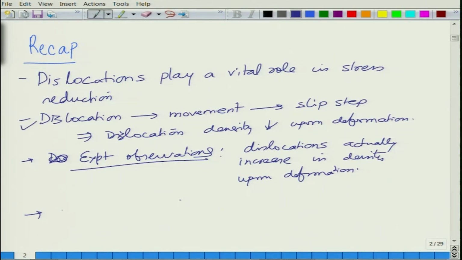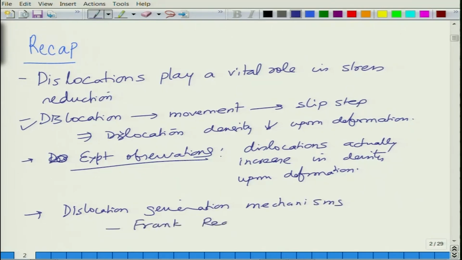So basically there are dislocation generation mechanisms such as Frank-Read source, which lead to creation of dislocations, and this creation outweighs the annihilation of dislocations or lowering of dislocation density upon deformation, and as a result the dislocation density goes up.